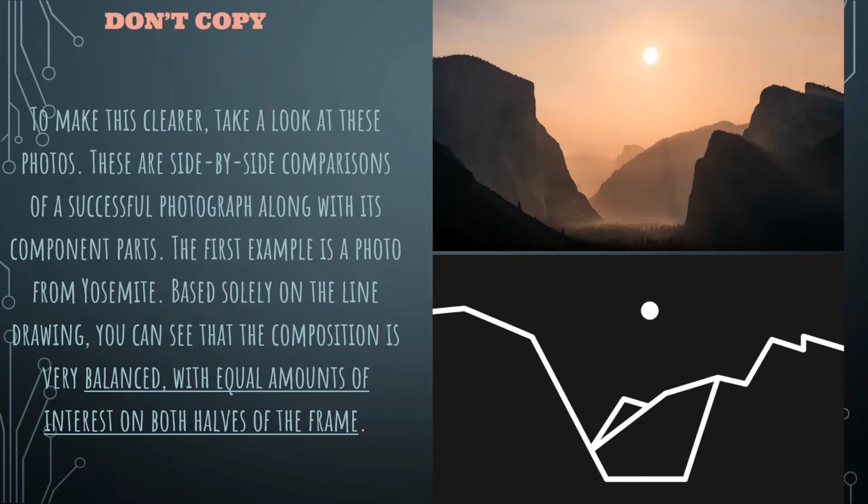So to make this clearer, take a look at these photos. These are side-by-side comparisons of a successful photograph along with its component parts. The first example is a photo from Yosemite. Based solely on the line drawing, you can see that the composition is very balanced with equal amounts of interest on both halves of the frame.